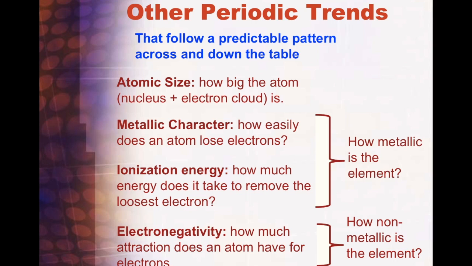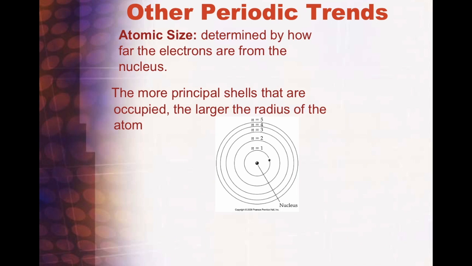So obviously, elements that are more metallic are going to be less non-metallic and vice versa. So the first two tend to follow an opposite direction of the third one.